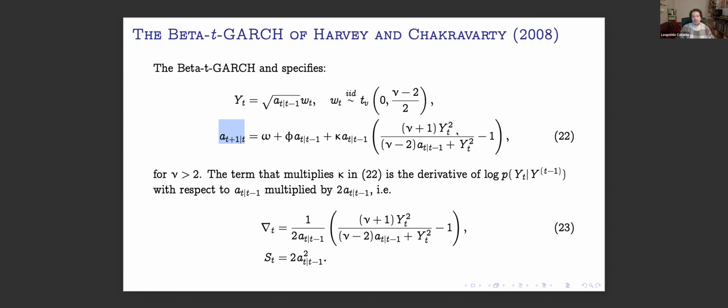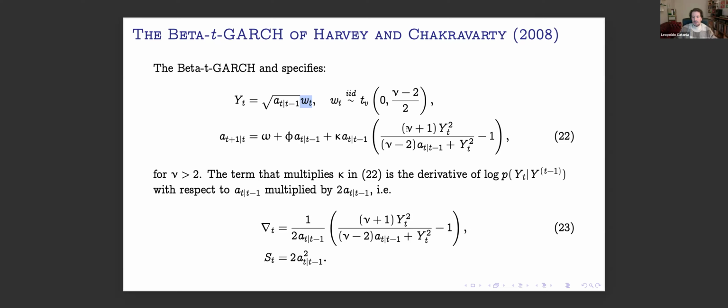Okay, now what we can do is to again exploit the stochastic representation of w_t in terms of a scale inverse chi-square and a Gaussian distribution, and write an extended observation-driven model and see what's going on behind this specification here, because this is indeed appealing.